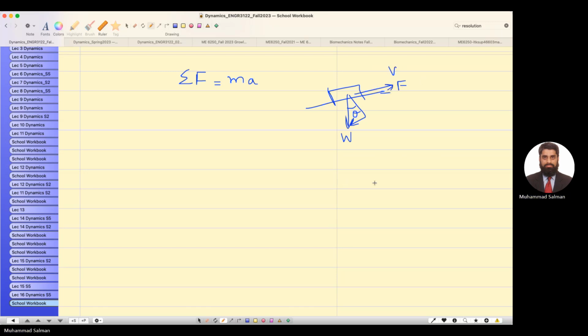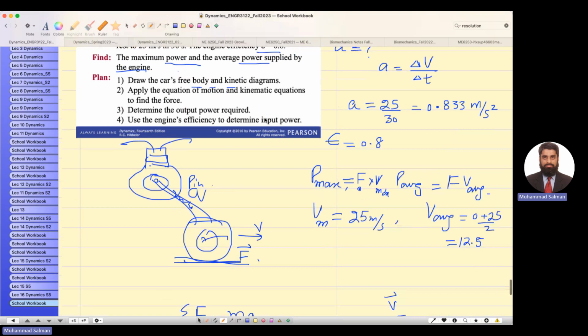Agreed? The velocity is also in the upward direction. So this is theta, which is given. So I can write here F minus W sine theta equals m times acceleration. Acceleration you already found, 0.833.